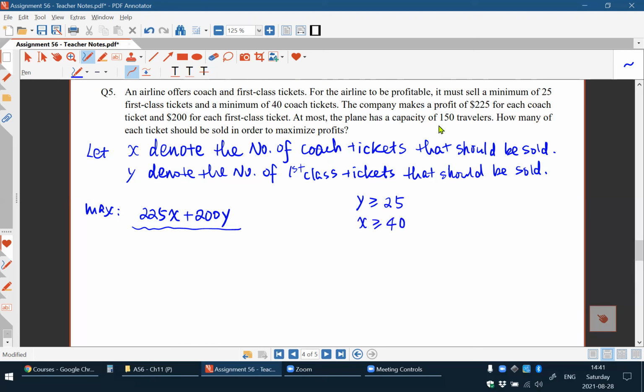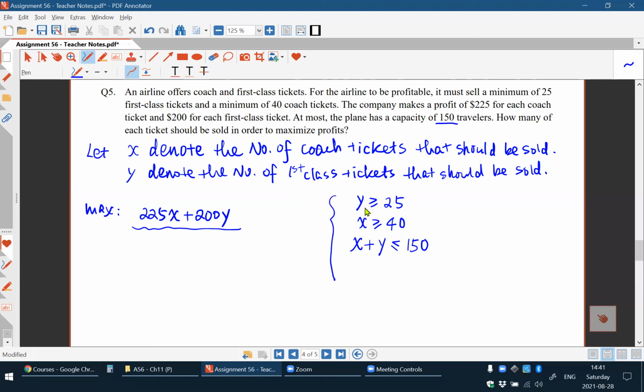And the total seats we sold is 150, right? So that means the number of coach tickets plus the number of first class tickets should be less than or equal to the total capacity of the plane, which is 150, right? So these are the constraints.